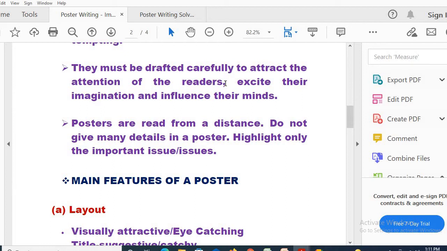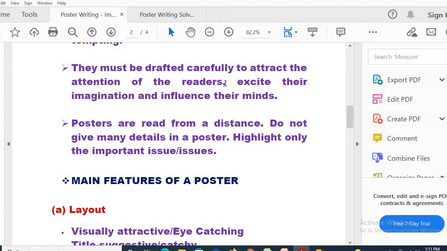Obviously it should ignite or excite their imagination also, and most importantly it should be done in such a creative manner that ultimately it will be successful in influencing the minds of the people. There lies the true success of poster designing.